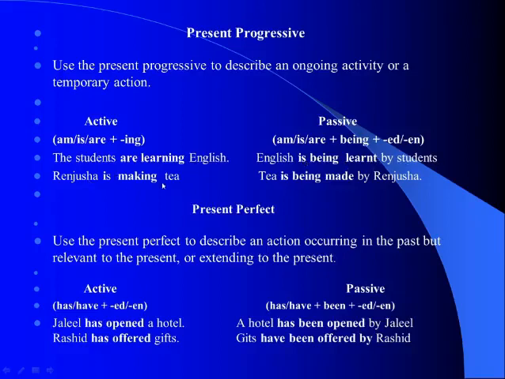Ranjusha is making tea. Who is making tea? Ranjusha. So "is making" is present continuous. Tea is being made by Ranjusha. You see "is", but here we don't use it for Ranjusha.